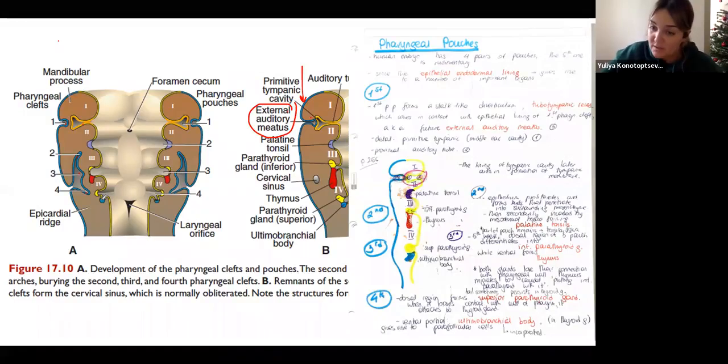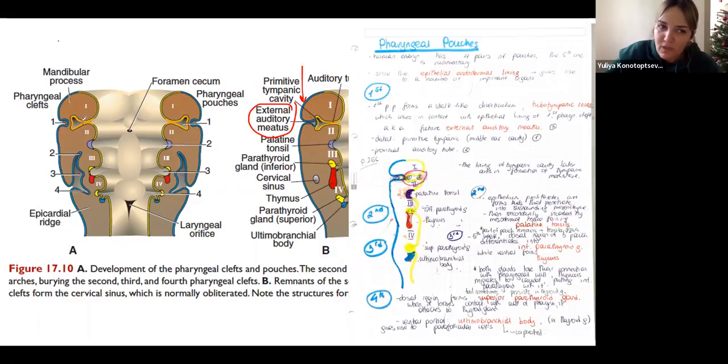They persist, and the way things are made here is actually quite interesting. First pharyngeal pouch is very special. Here the endodermal tissue of the first pharyngeal pouch keeps on proliferating until it meets up with the first pharyngeal cleft.